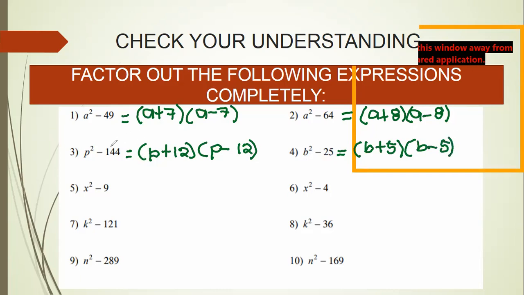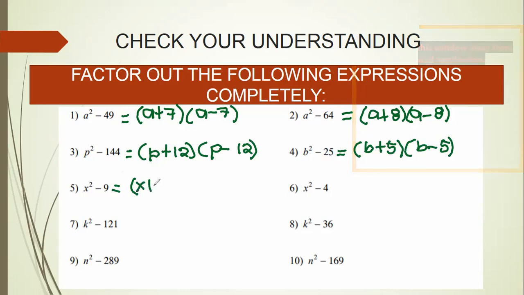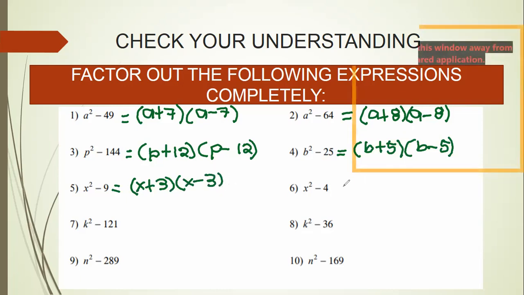For number five, x squared minus 9, so that's x plus 3 and x minus 3. And for number six, we have x squared minus 4.